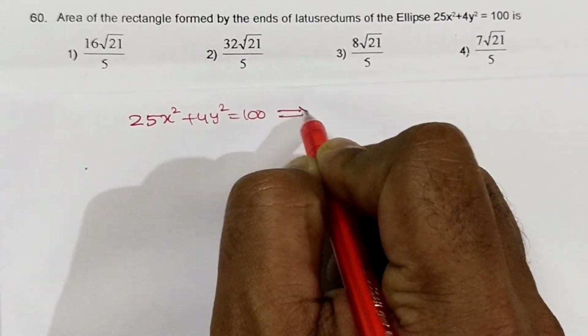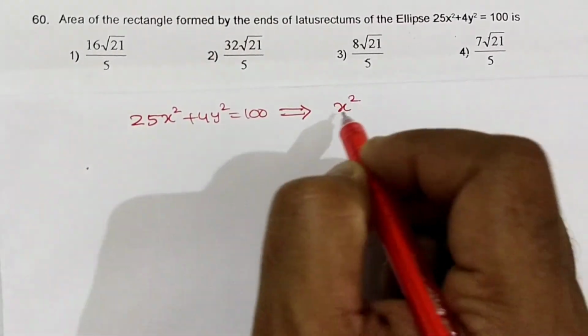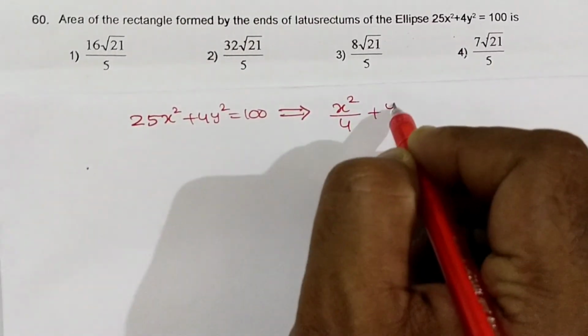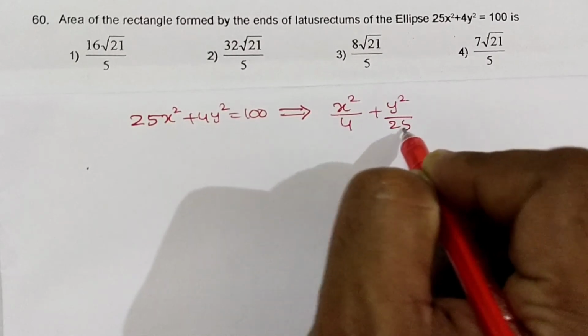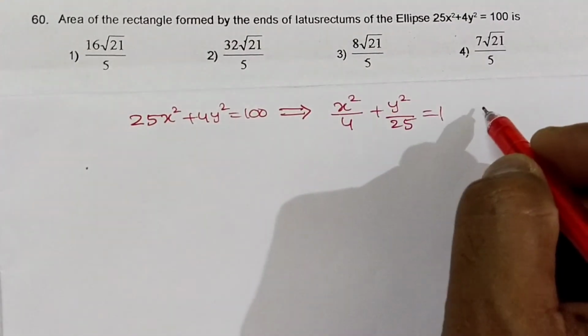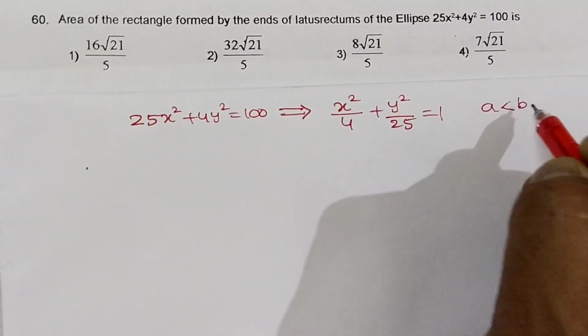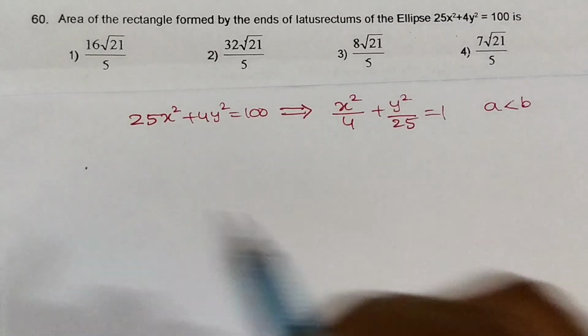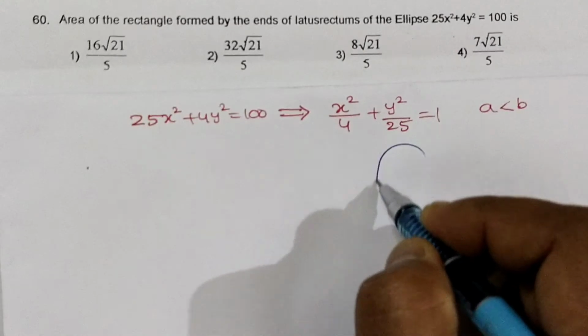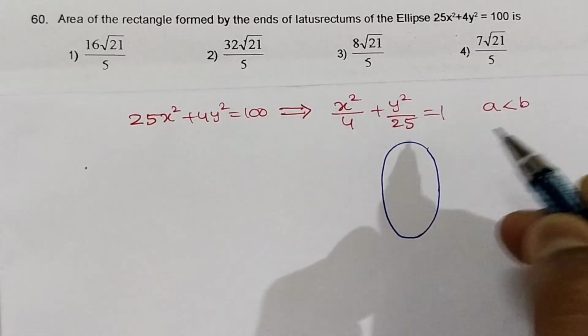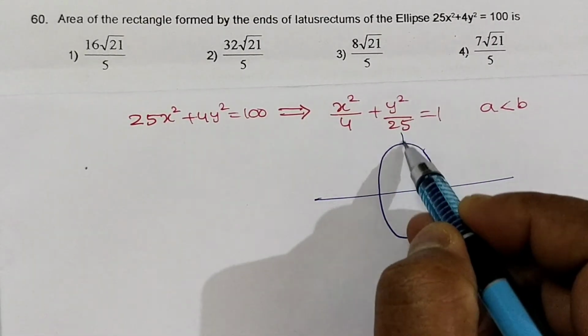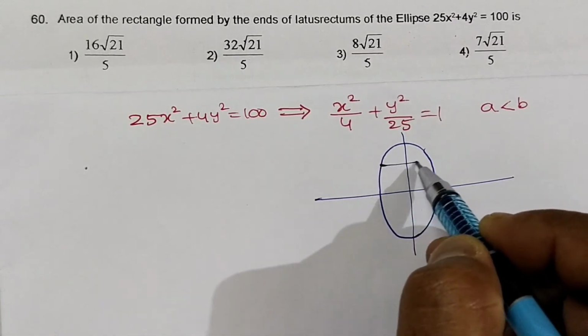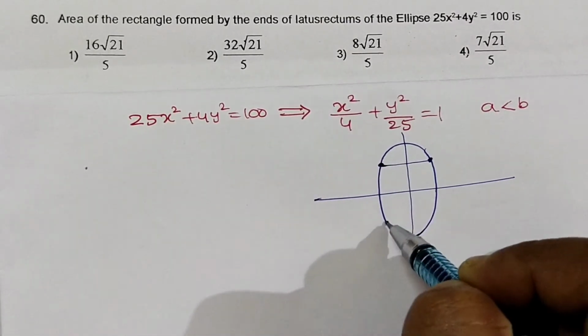If you write in the standard form, it becomes x²/4 plus y²/25 equal to 1. In this case, a is less than b clearly. So the ellipse diagram will become like this. These are the latus rectum ends.